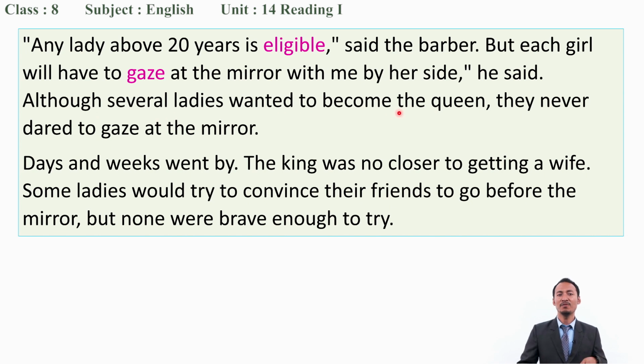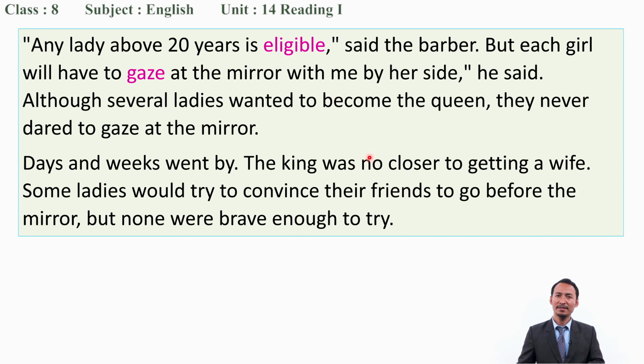Although several ladies wanted to become the queen, many ladies wanted to become the queen, they never dared to gaze at the mirror. धेरै जनाले के गर्ने चाहना गर्नुभयो? क्वीन बन्ने चाहना त गर्नुभयो. But they never dare to gaze at the mirror. कसैले पनि साहस गर्नु भएन कि? किन होला?